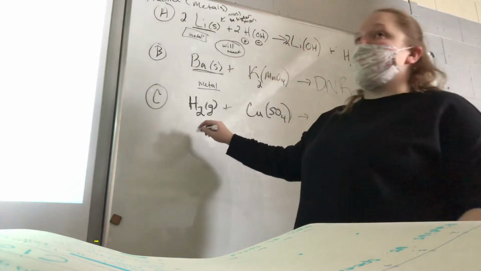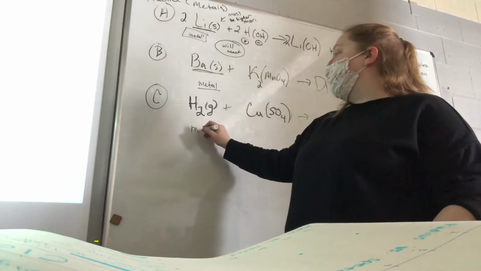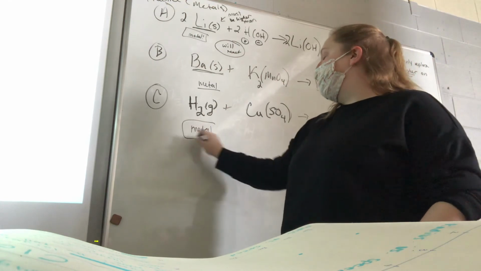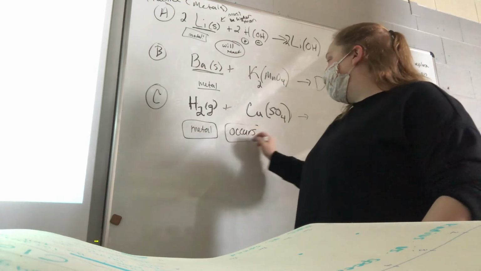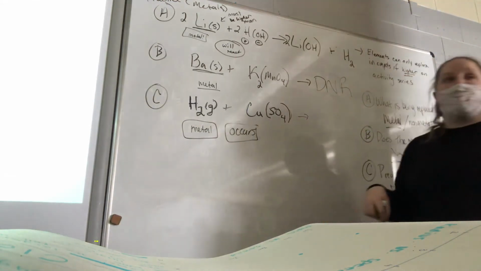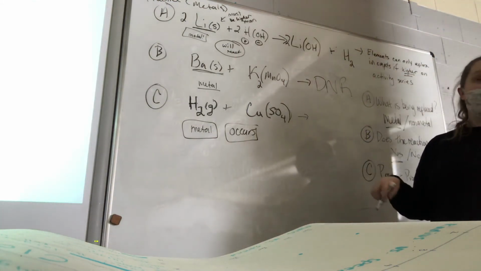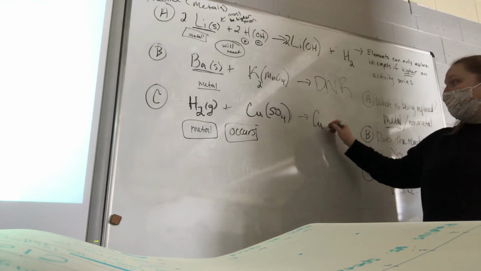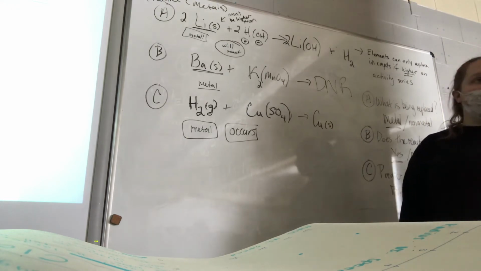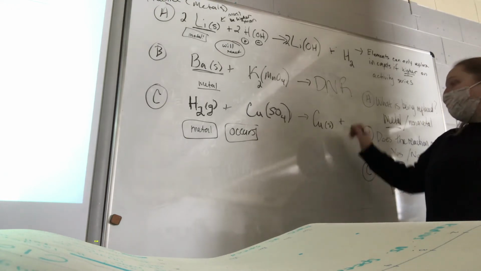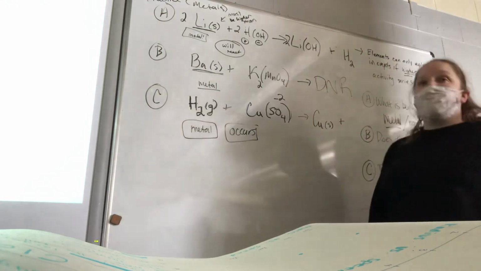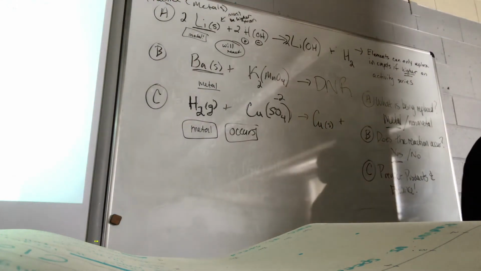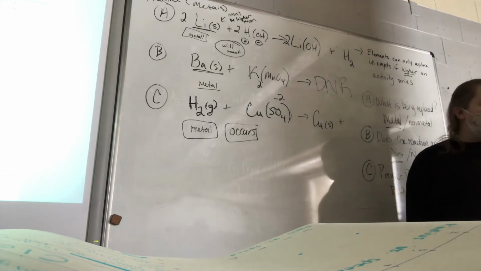Yes. What gets replaced, a metal or non-metal? Metal. And it occurs. What's one of the products? Single displacement, so copper by itself, okay? In the other thing, hopefully you remember that SO4 is a -2, and when hydrogen binds to an ion, it's going to be what charge?